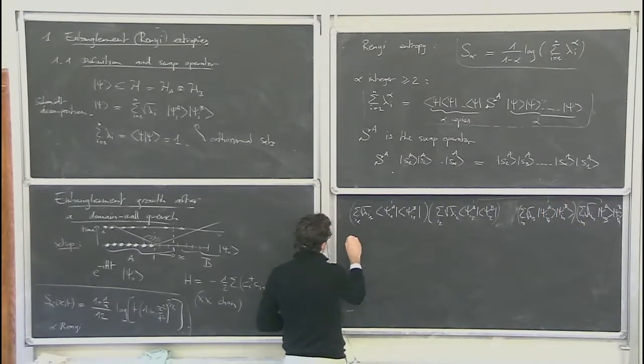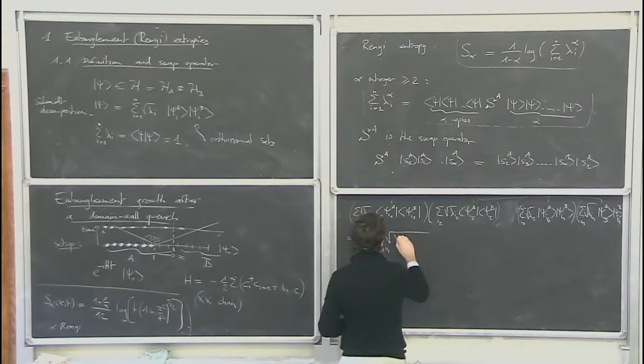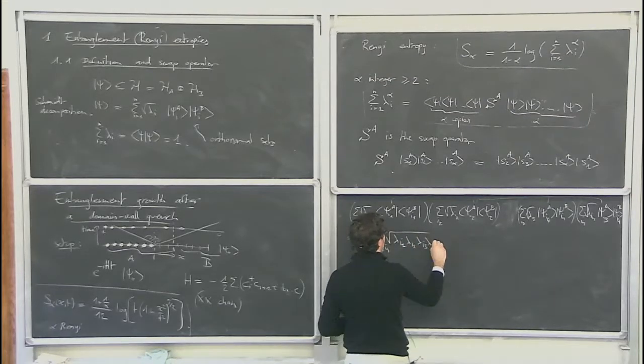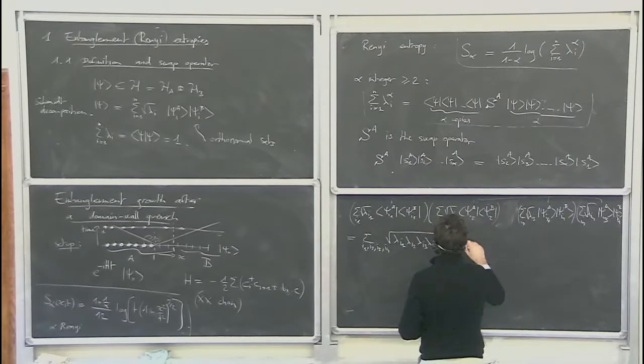And then you can easily convince yourself that you have a sum which involves the root of four of the lambdas with four different indices.